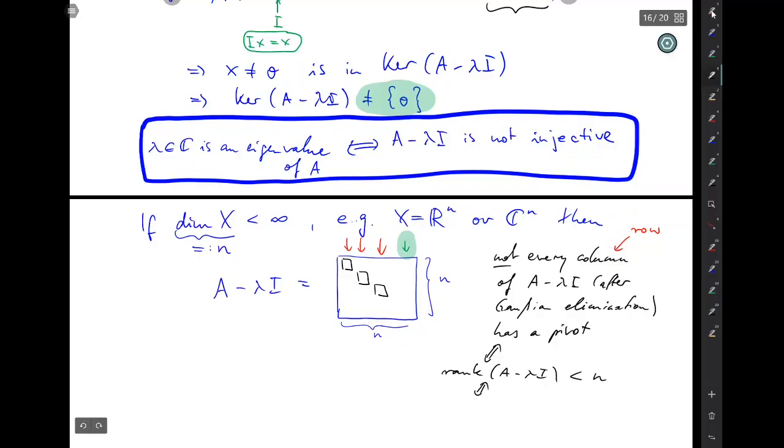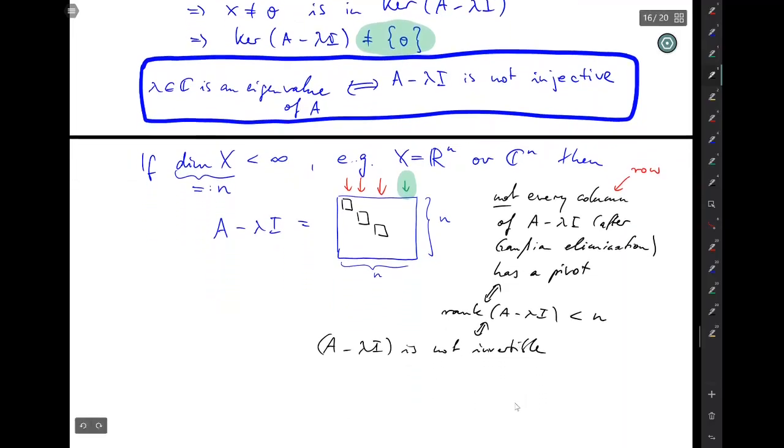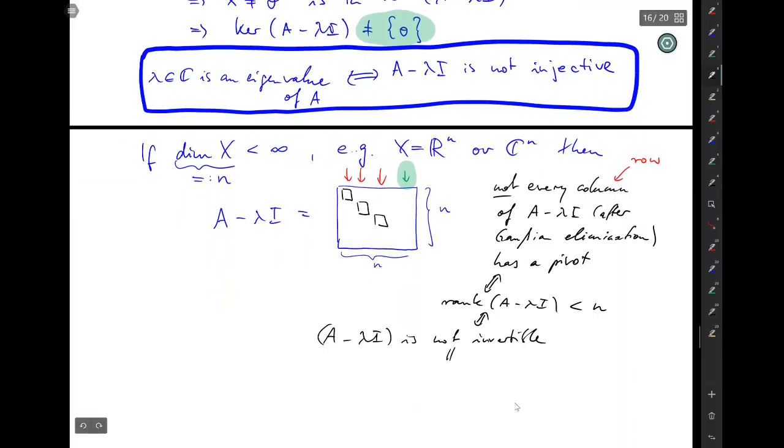This is equivalent to A minus lambda I is not invertible, and this is, however, equivalent to the determinant of that matrix A minus lambda I being equal to 0. Okay, and this is your point of attack in your linear algebra course, right?